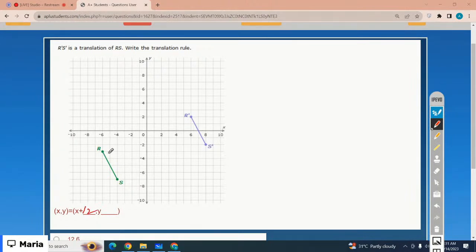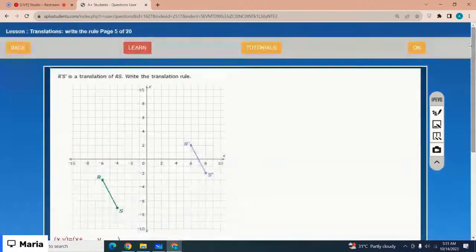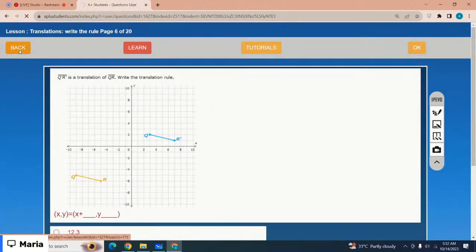And you move up 1, 2, 3, 5 up. Yes, 5. Option 2 is the correct option, right? Okay, you can complete the lesson by yourself later today. Let's just move on to the next lesson.